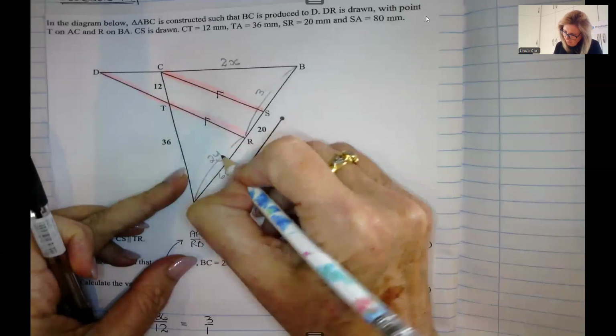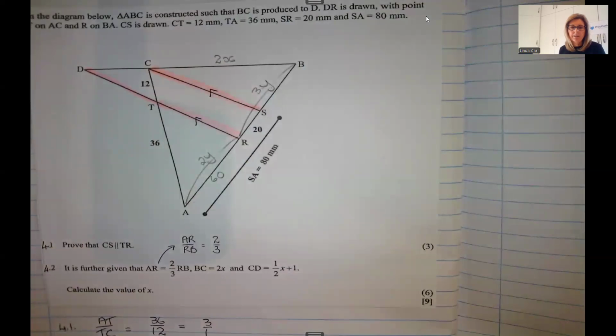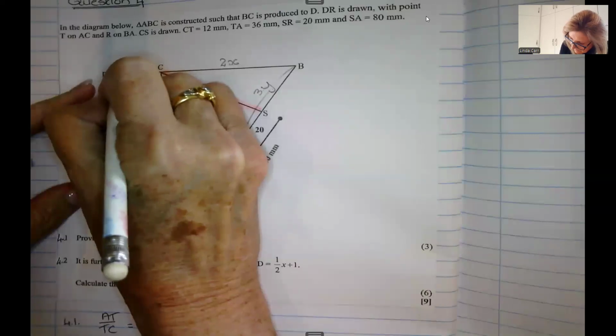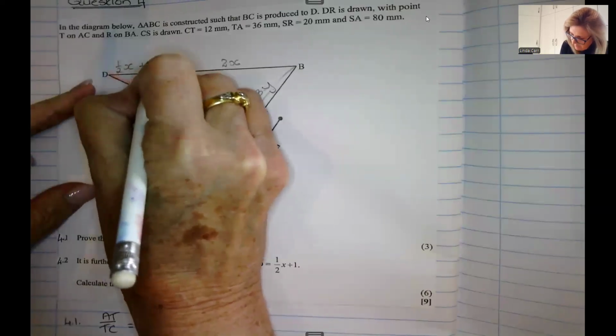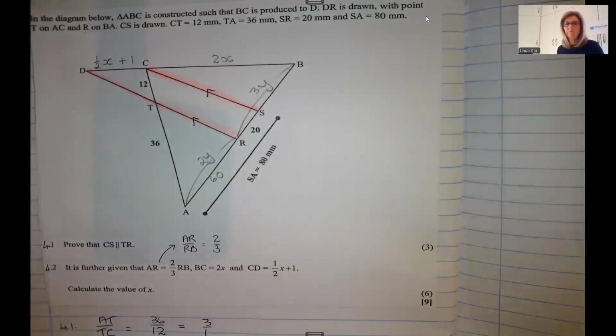I'm going to make that 2y and 3y. Okay, and then CD is a half x plus 1. A half x plus 1. And they want us to solve for x.